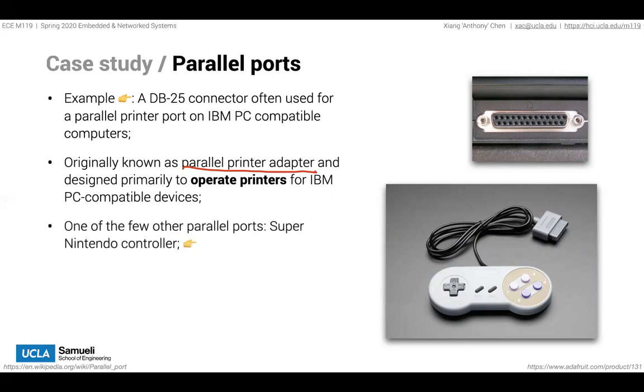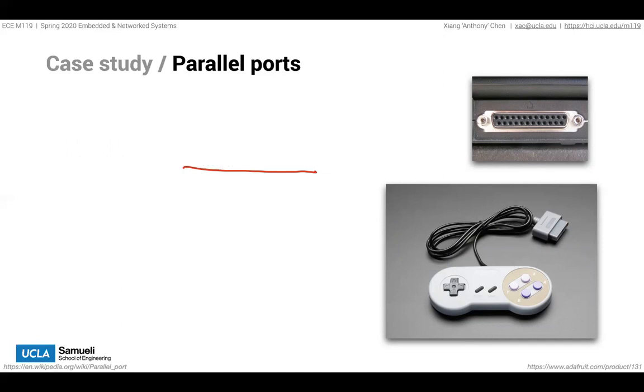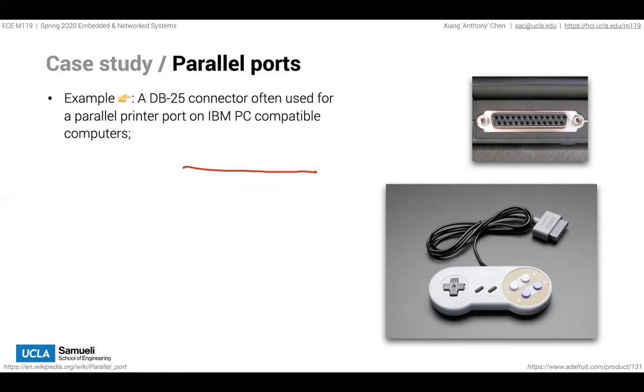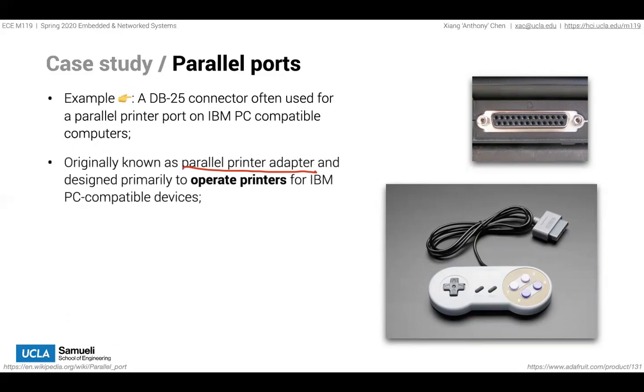So the question to think about is why did they choose to use parallel as opposed to serial for the printer? Why use RS-232 and keyboard and mouse adapters in serial, but parallel for the printer?